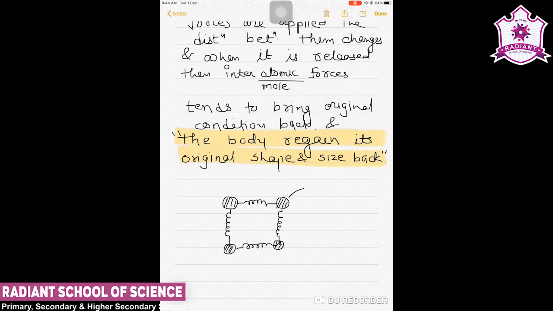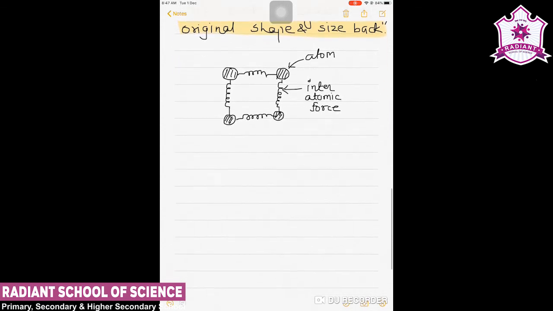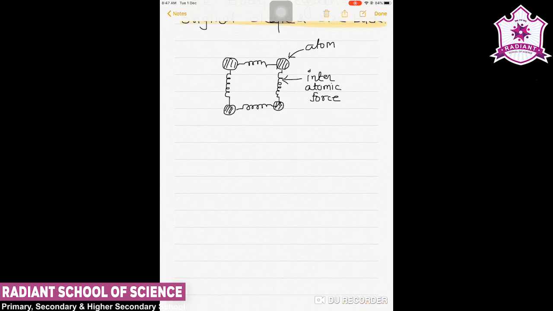So this is an atom, and this is the interatomic force. If you try to displace any ball from its equilibrium position, the spring system tries to restore the ball back to its original position.